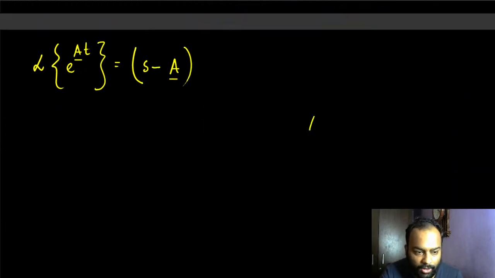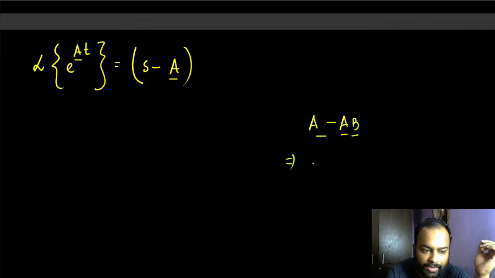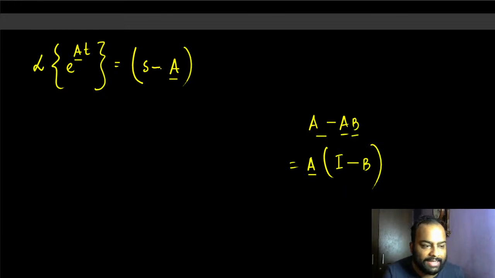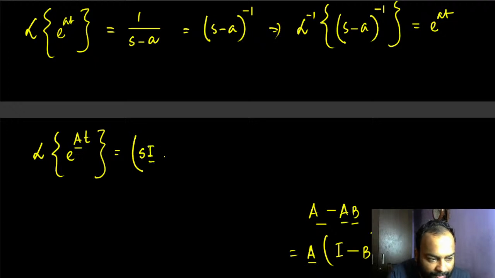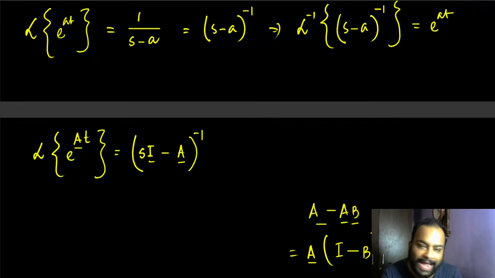And I already told you earlier that if I want to factor out a, I don't have just 1 minus b, I have something called I minus b. Just like that, instead of s minus A, this is going to be sI minus A, to keep the possibility of subtracting. All these things happen in the state space, because this I is the identity, equivalent to writing 1.